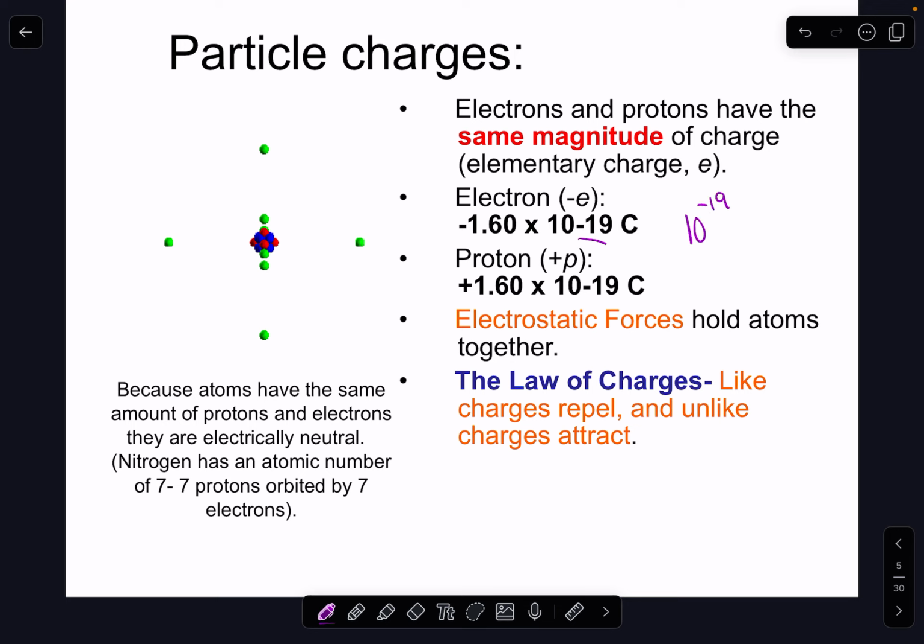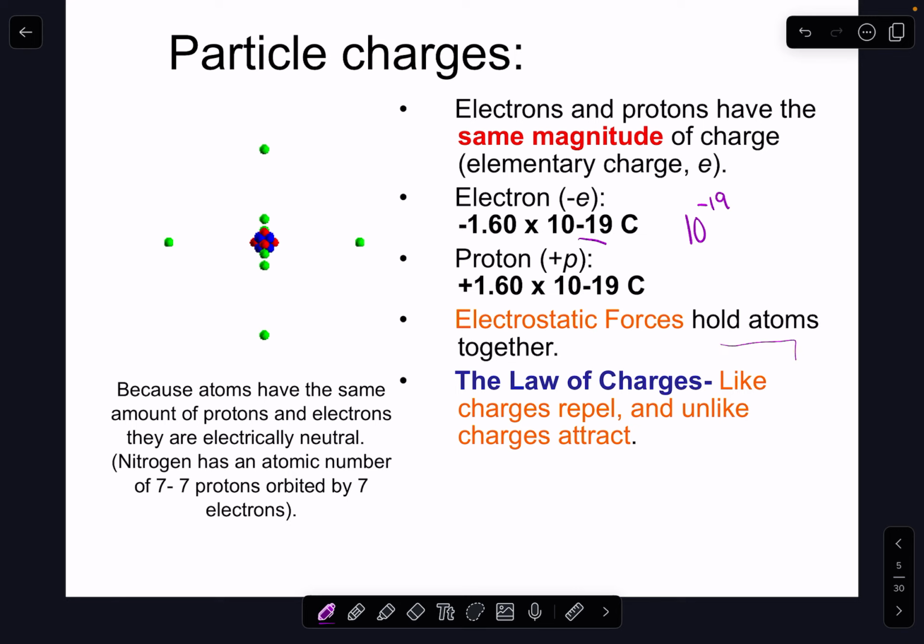Same thing with the proton. Although they have wildly different masses, their charges are the same. They're equal and opposite. So 1 electron and 1 proton cancel each other out to have a net charge of 0. Electrostatic forces, we're going to be using a lot of this for calculating that next week, for week 2.